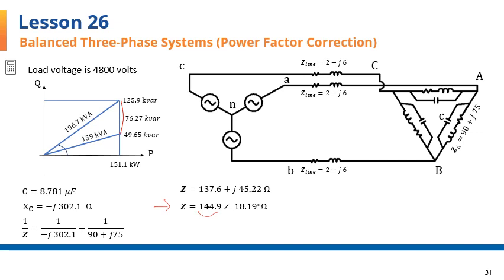Power factor of the combination of the load and capacitor can be found in a number of ways, but since we have the argument angle of the combined load, it's easier to simply find its cosine, which gives the power factor. The other ways would have been to find the current, which eventually we'll do, and multiply the voltage VAB times the conjugate of that current.